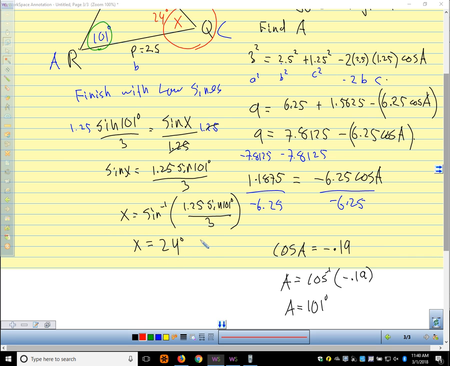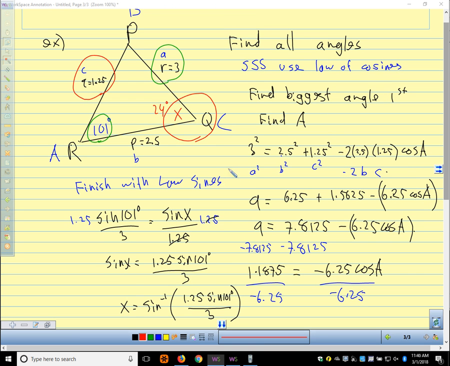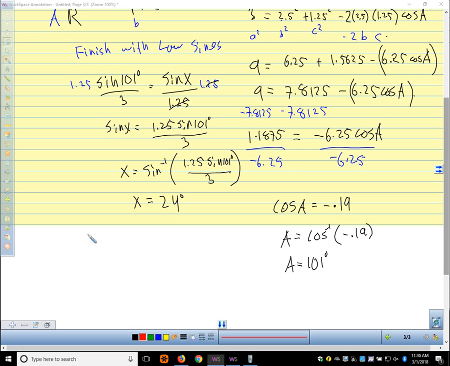And do we need to do law of sines or law of cosines for the third angle? No. What do we do? Add these two and subtract from 180. So angle P. You might be able to do mental math for that one. P is 180 minus 101, whoops, 101 minus 24.